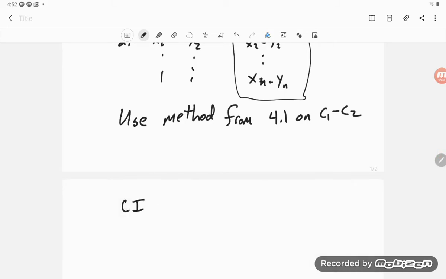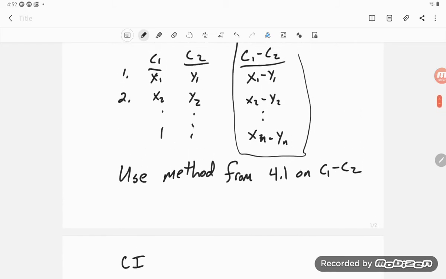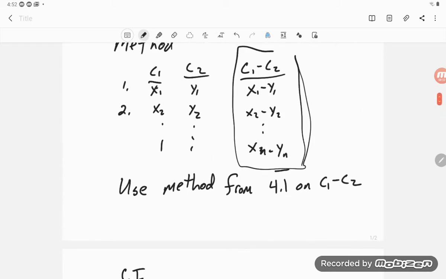I would get a confidence interval by taking this column. I'll call these W's, so W1, W2 to Wn.